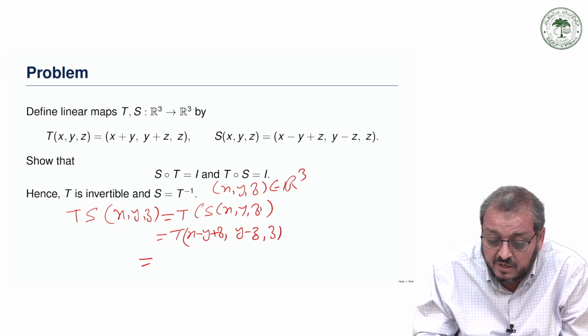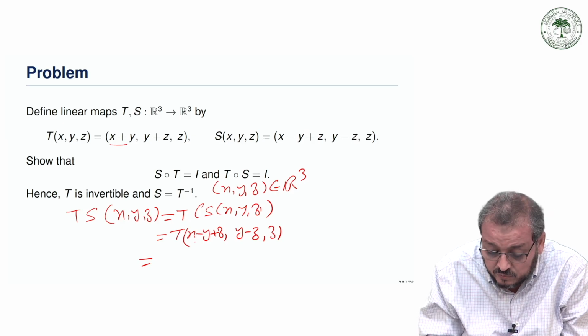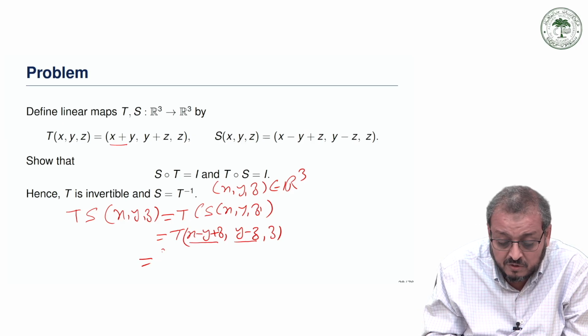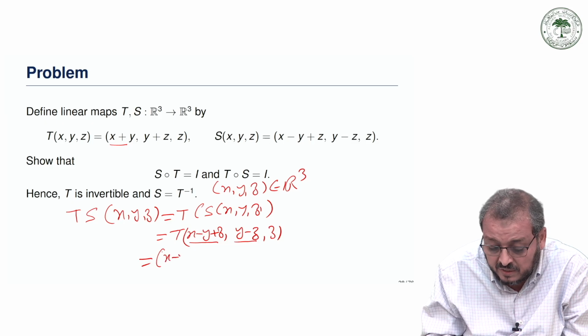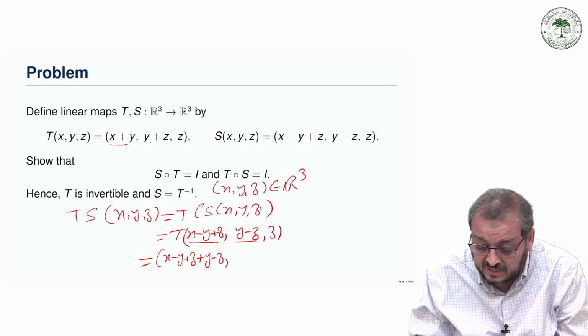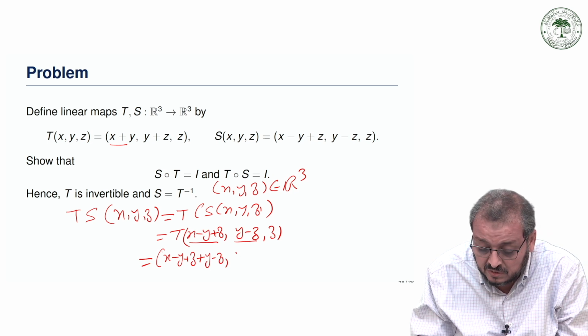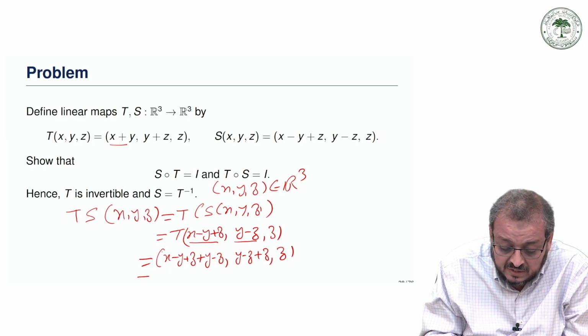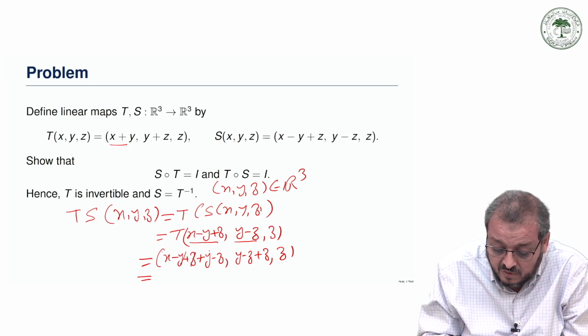Now we operate T, and T is x plus y. This is x and this is your y. So this is x equal to x minus y plus z plus y. Y is equal to y minus z plus z, and then z, and this is nothing but all these things cancel out.